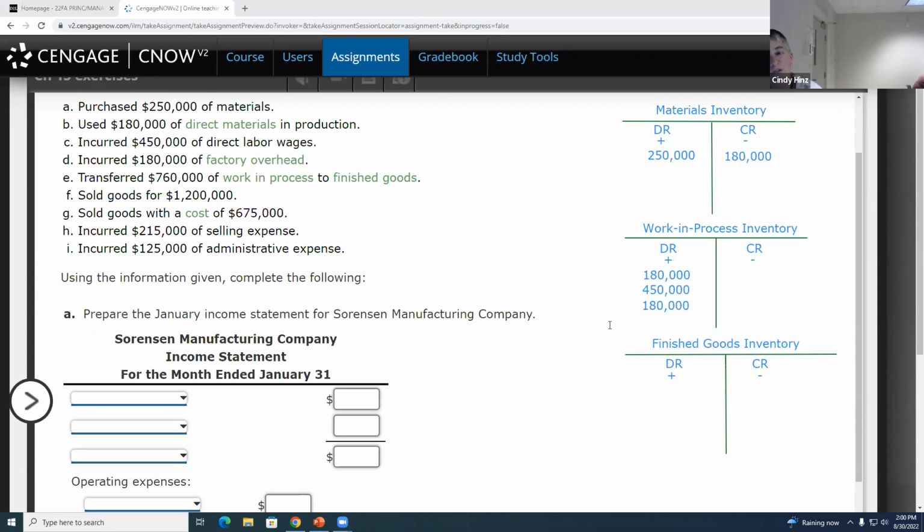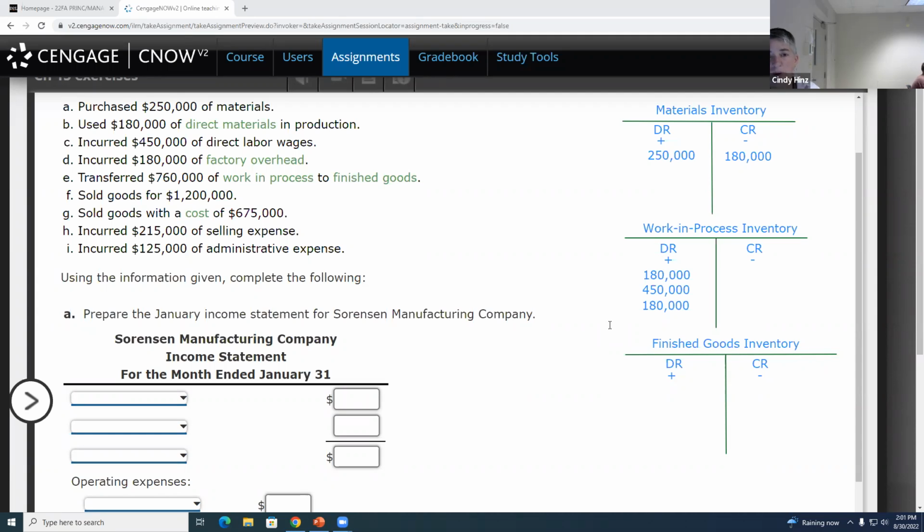And so the credits of that 180,000 worth of factory overhead are to a whole bunch of different accounts: indirect labor, indirect materials, other miscellaneous types of expenses that we had to pay.